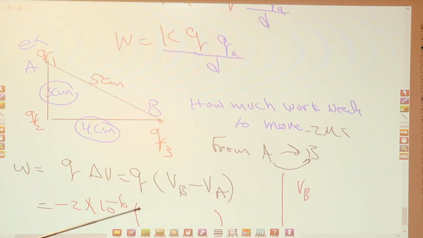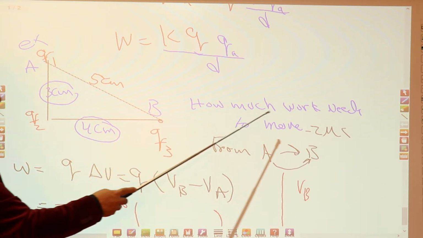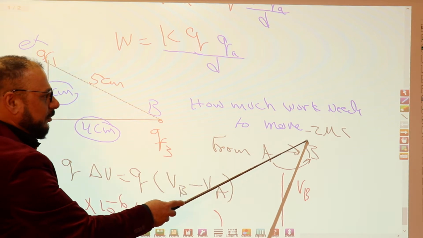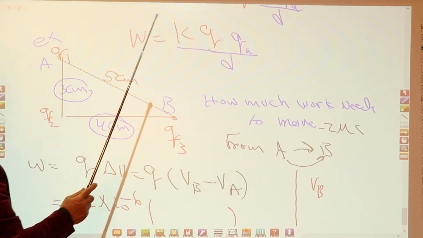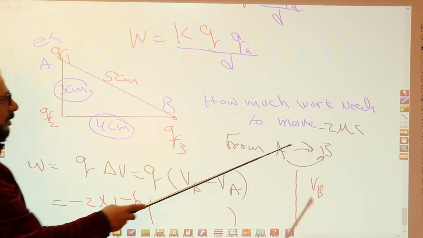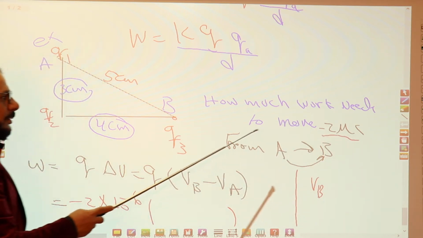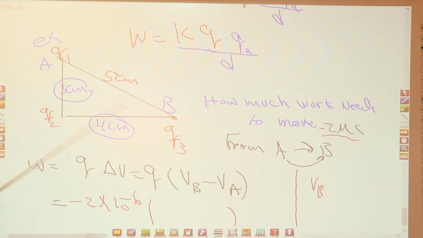Now the question I asked last time, for example, I put 3 charges, Q1, Q2, Q3. The distance between this and this is 4 centimeter, between the other is 3 centimeter, and the distance from 1 to 3 is 5 centimeter. How much work is needed to move a negative two microcoulomb charge from A to B?